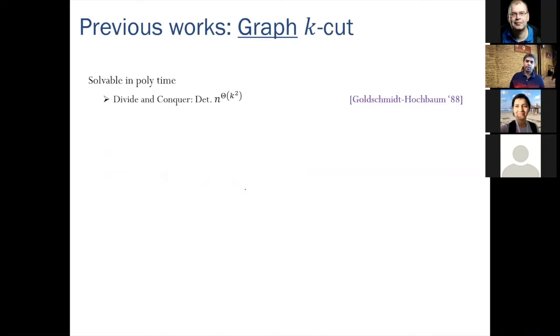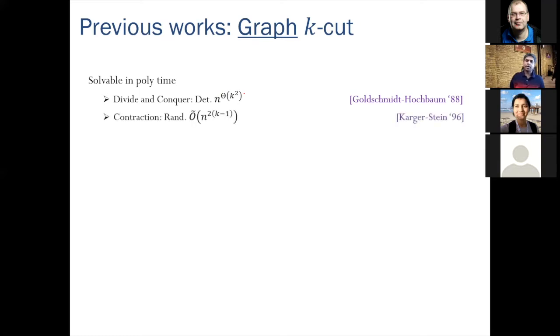This was first shown by Goldschmidt and Hochbaum. They gave a deterministic n to the k squared time algorithm to solve graph k cut, where n is the number of vertices in the input graph. Recall that k is a fixed constant, so running times of this form would be considered as polynomial time.